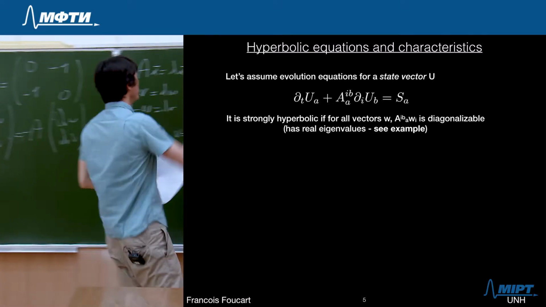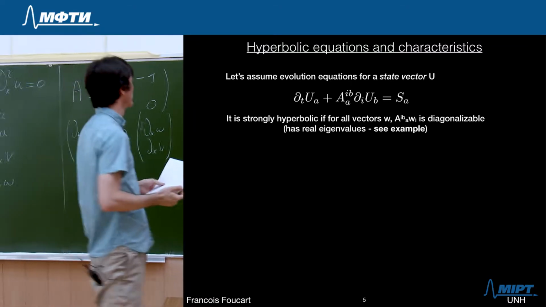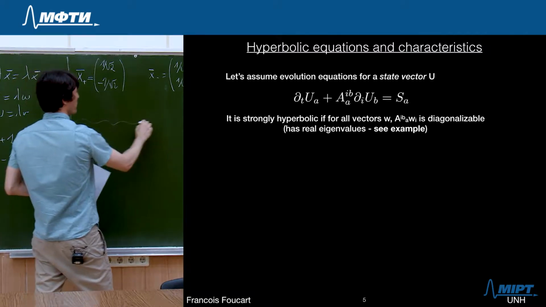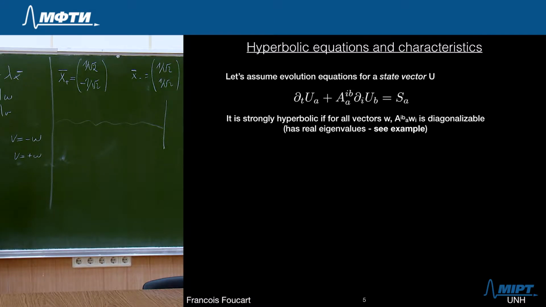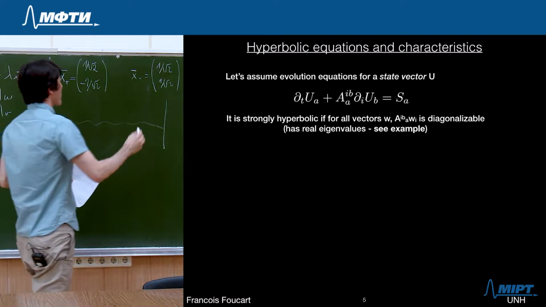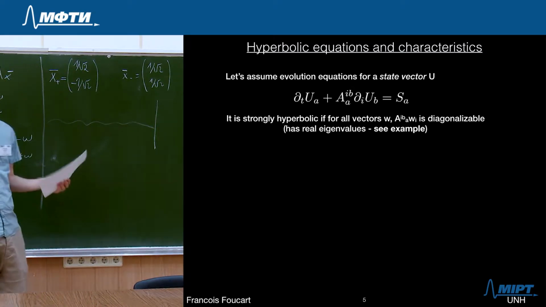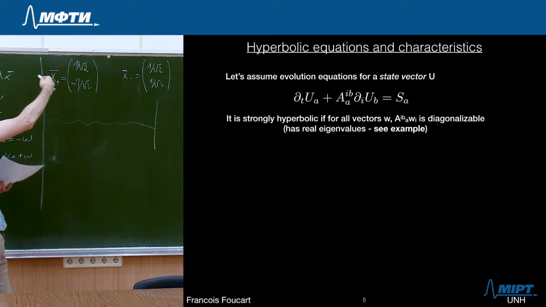There's an advantage too if I try to impose a boundary condition on the problem. Let's say that I have a problem where I try to solve something here, and then I have a boundary here, right? And I want to impose a boundary condition here such that there is no information coming into the domain. And I know that I have two modes.